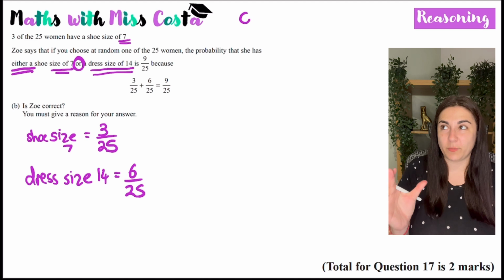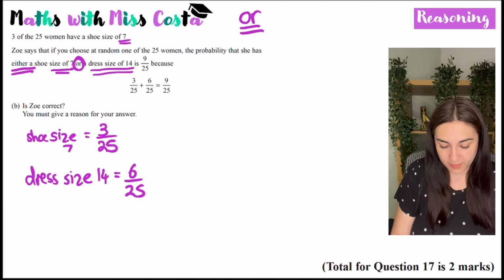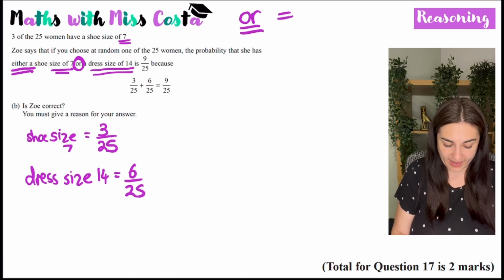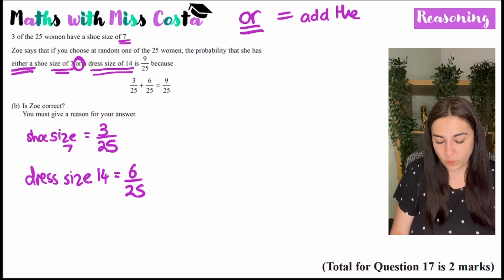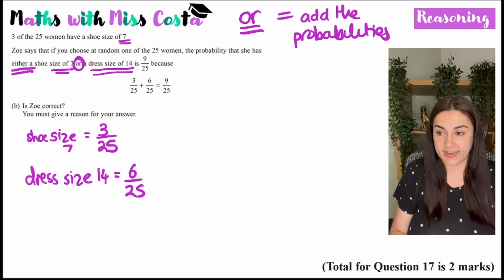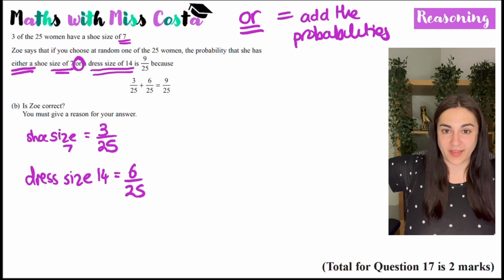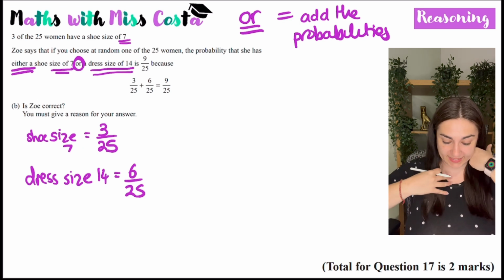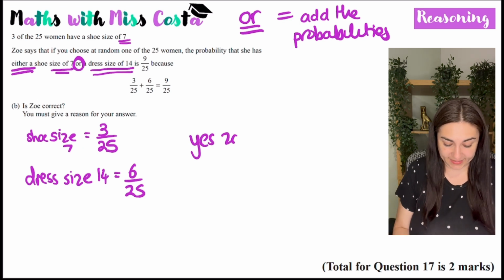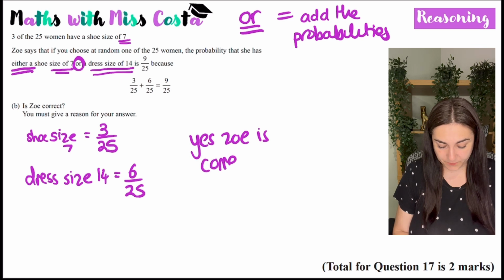And when we're working out the probability of this or that happening, then we always add the probabilities together, because I can win if I've done that or I've done that. So it gives me more opportunities. So yes, Zoe is correct.